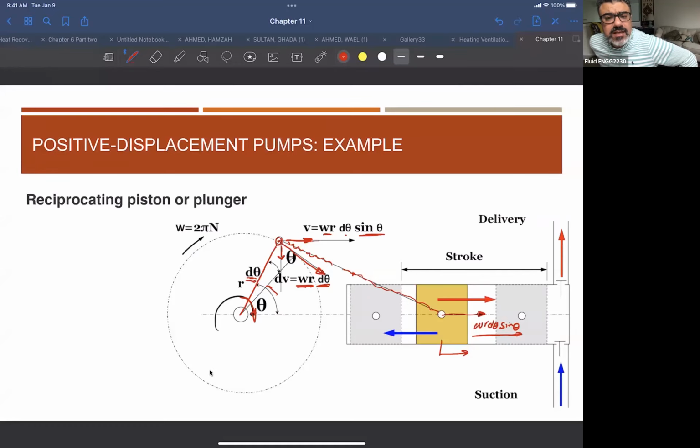So this is basically suggesting that the flow rate is variable with the angular rotation. If the flow rate is variable, also the pressure will be variable because the forces also will be variable. So the only problem with this piston displacement pump is the variation of the flow rate with the angular position of this crank, and the pressure as well, right?